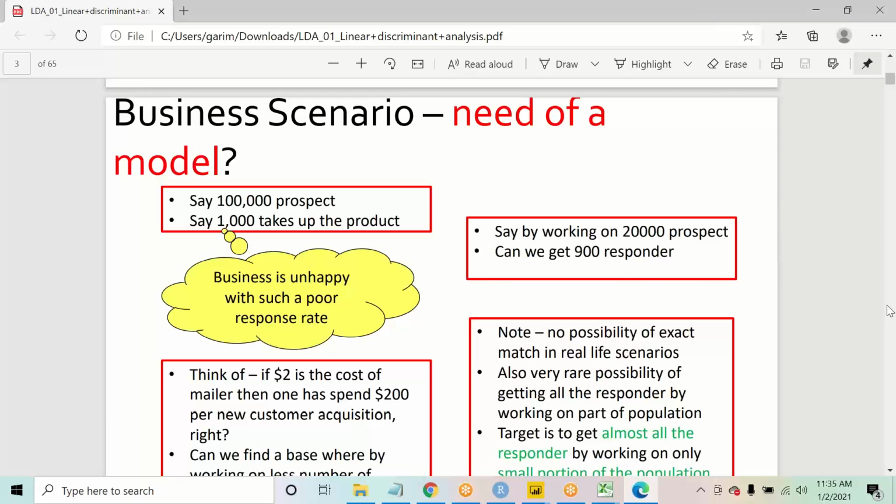Now, let us assume that the cost of one pamphlet was $2. So how much money did you spend? You spent around $2 lakh on the pamphlets and you got only 1,000 customers. So what is the cost of acquiring one customer in that case?